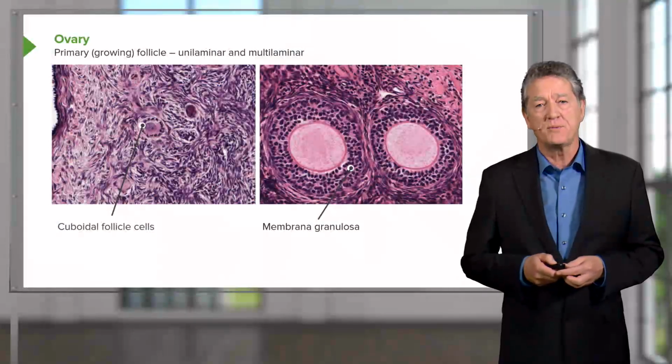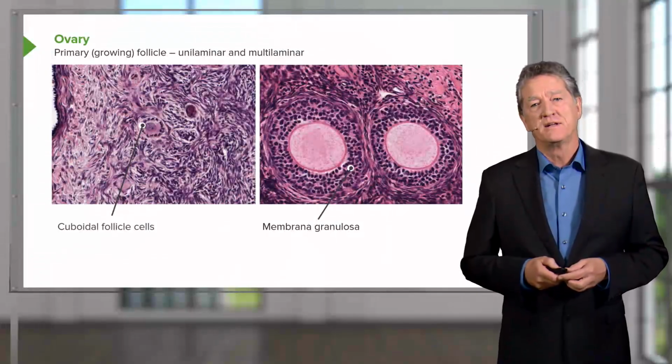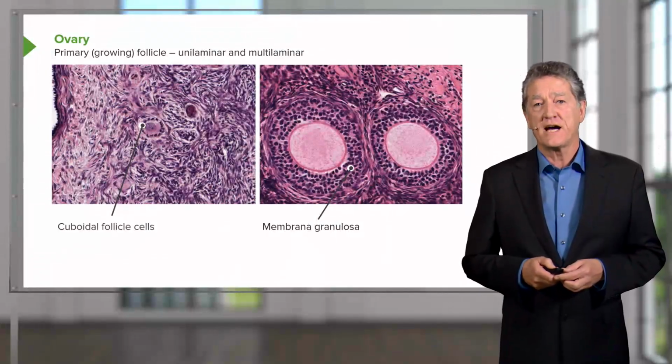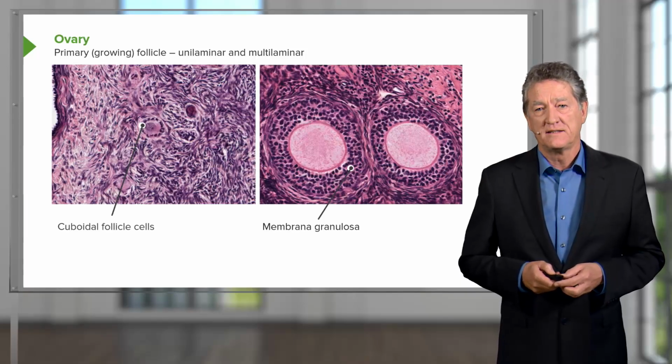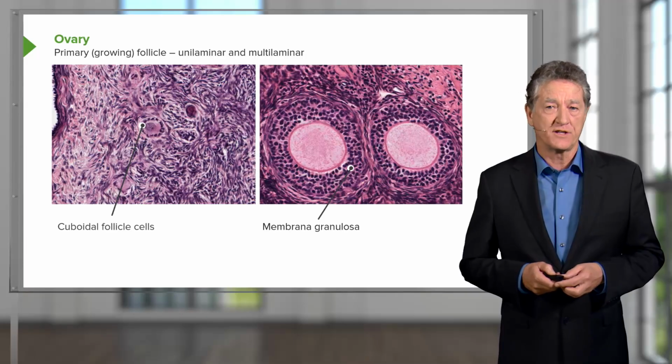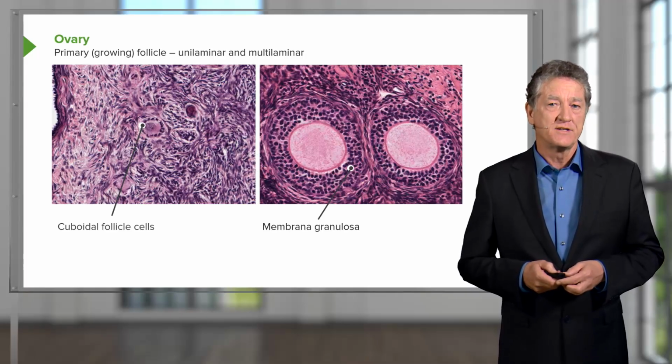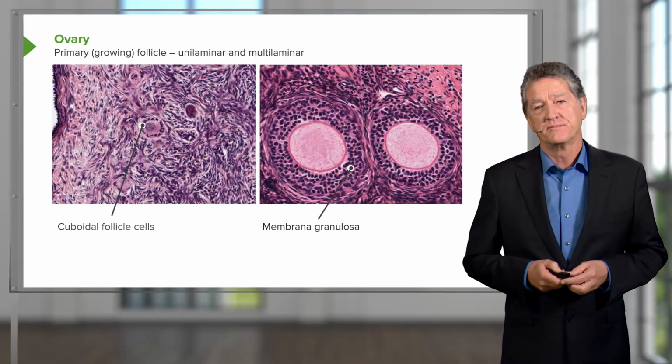They develop little lipid droplets inside them, cholesterol droplets that are the precursor for making steroid hormones. And this theca interna layer, under the influence of luteinizing hormone, or LH, synthesizes androgens.